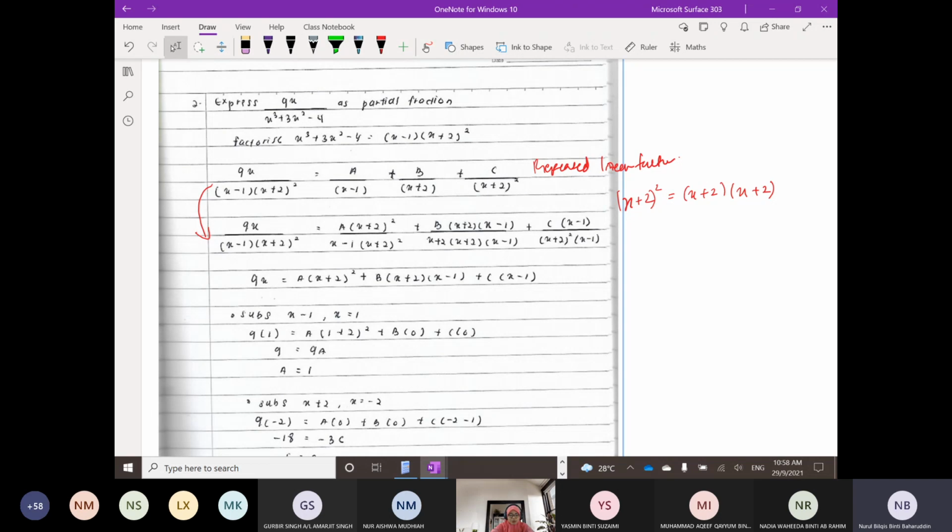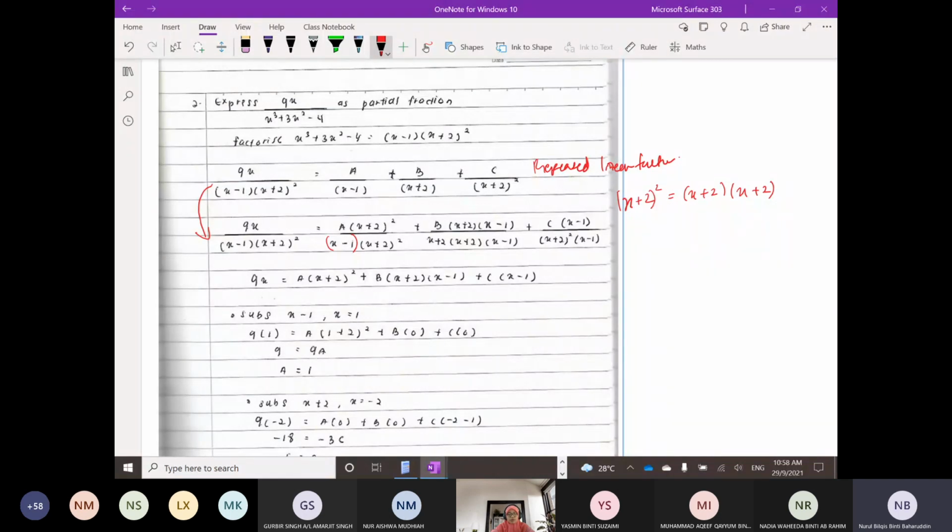Because we need to make the denominator the same as the original one. So we need to find the correct factor times the correct factor so that it will be the same as the original. For example, for A, we only have x minus 1. Class, please make sure you put bracket so that you don't make any careless mistake. So the missing factor is (x plus 2) squared. So we need to times by (x plus 2) squared for denominator, and also numerator.